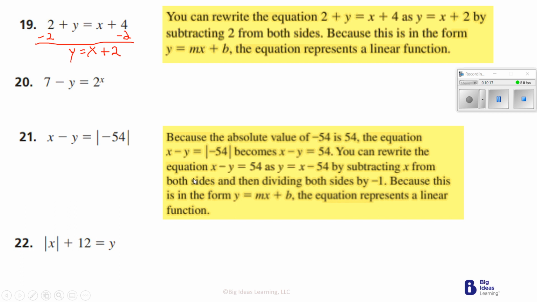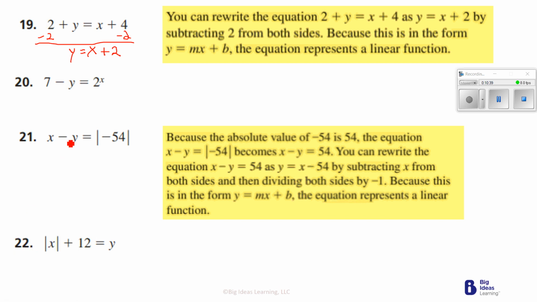You can rewrite the equation x minus y equals 54 as y equals x minus 54 by subtracting x from both sides, then dividing both sides by negative 1. Because this is in the form of y equals mx plus b, the equation represents a linear function.